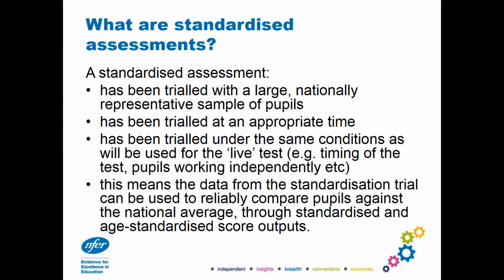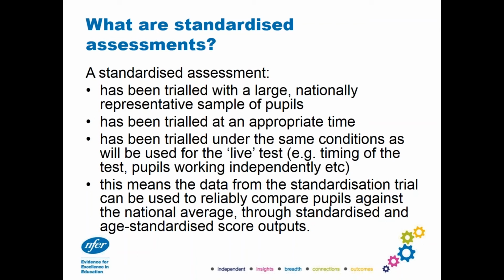What that means is you have a large number of pupils, usually around 1,200 pupils per test, and that the sample is nationally representative, i.e. that it has a range of different school types, so for example, primary and junior schools or free schools, that we take schools from a range of areas across the country, and then we also have a range of Key Stage 2 performances.